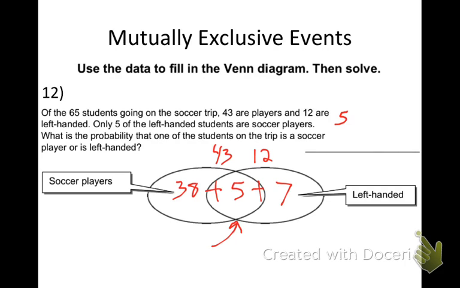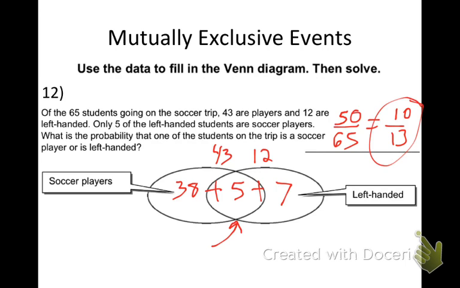I think you get 50. 50 out of 65. Right? 50 out of 65, which simplifies to 10/13. What's the probability of getting a soccer player or left-handed? Okay.